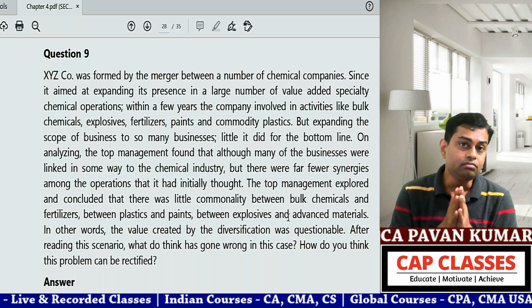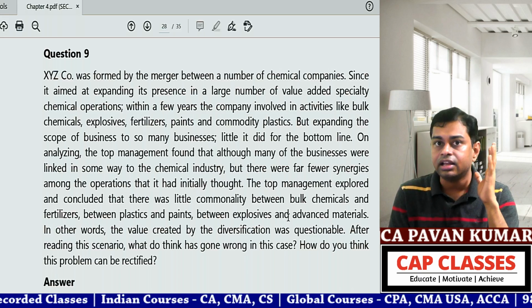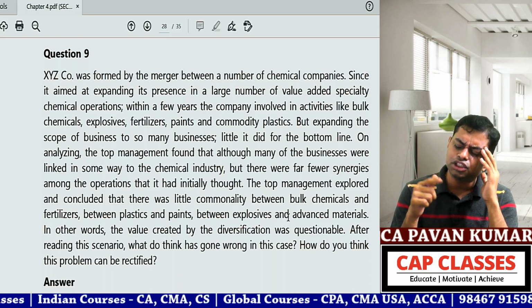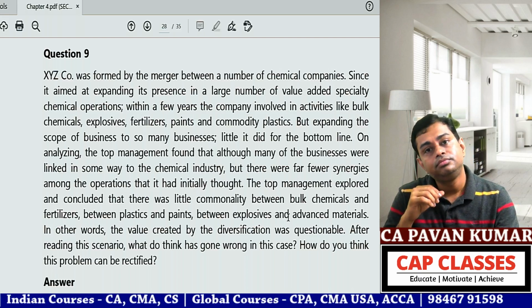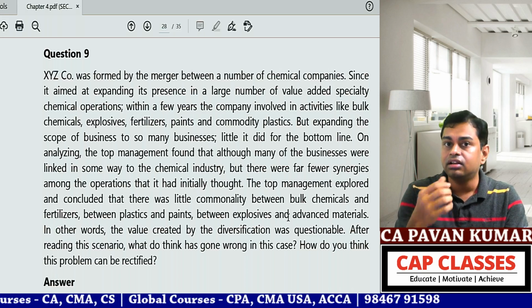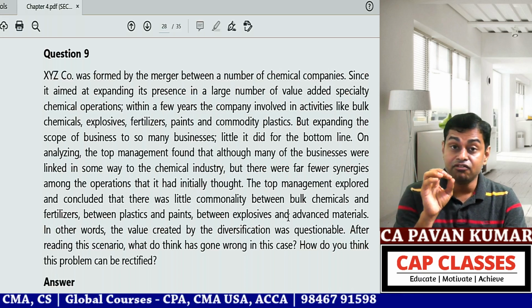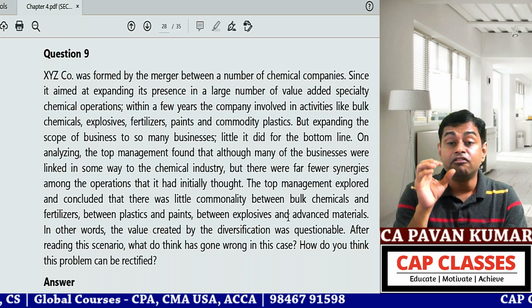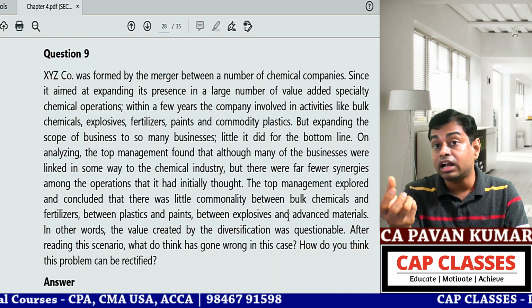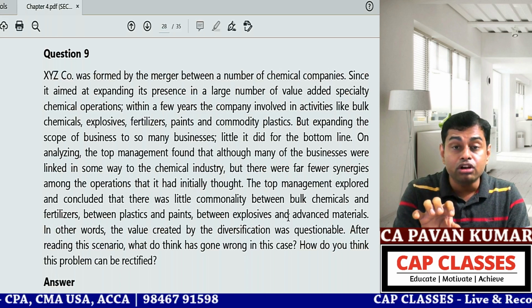What to do? If you have read the theory completely, close your eyes and imagine, where did I see this situation? When will you go for sale of a division? Disinvestment strategy. You remember, disinvestment strategy can be applied where you acquired another business or division or company, but later it proved to be a mismatch to your group.